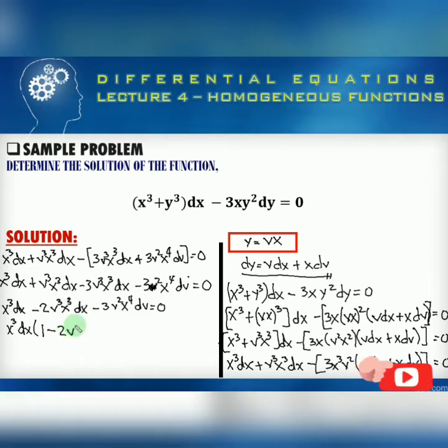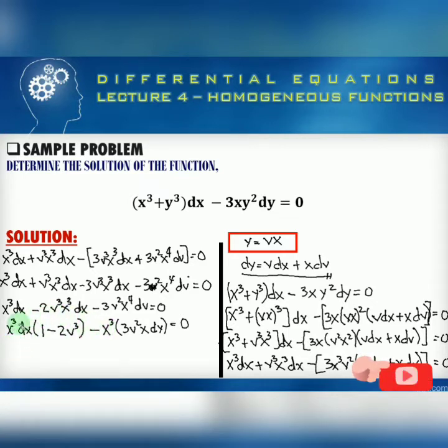And then since we have here x to the fourth, we can extract this variable x cubed from this one. So probably this would be 3, and then we have b squared times x, db, which is equal now to 0.